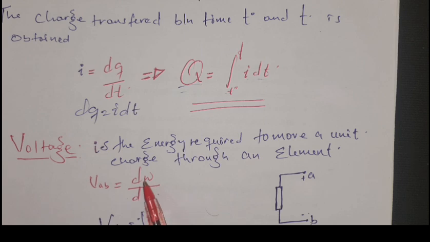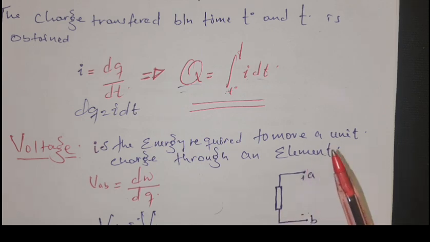That is mathematically given as dw over dq, the derivative of the work done in terms of the charge. Also, VAB is equal to minus VBA: the potential difference to move a charge from point A to B is the negative of the voltage to move a charge from point B to A.